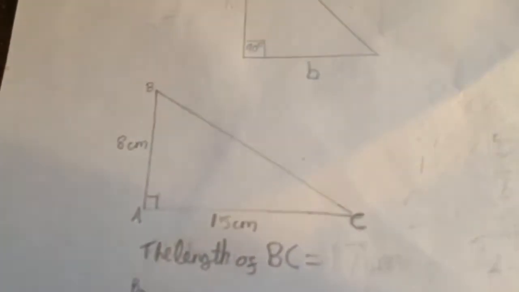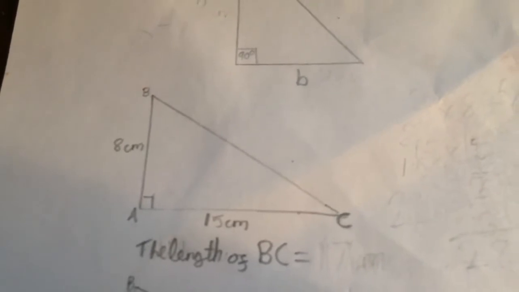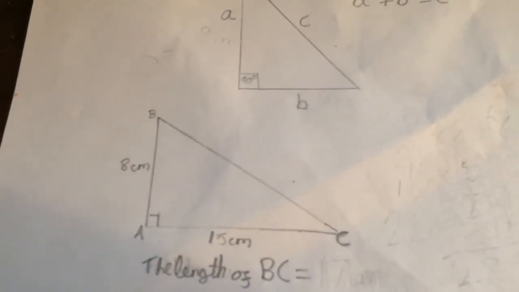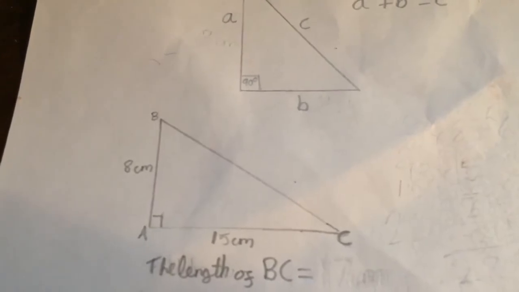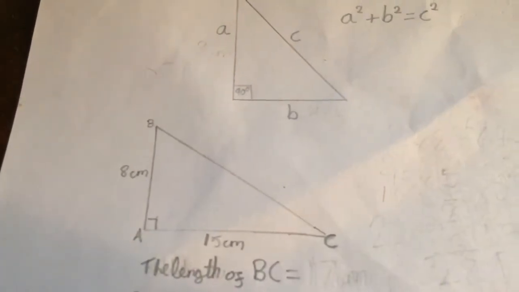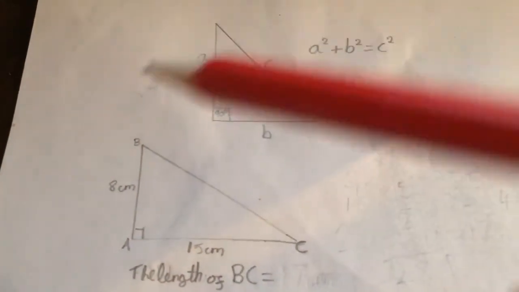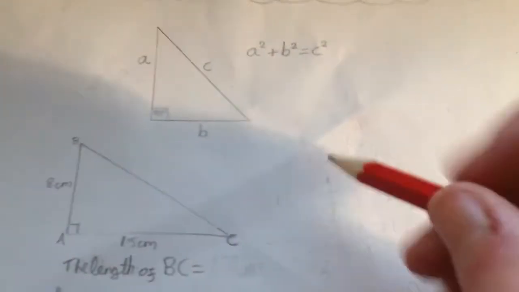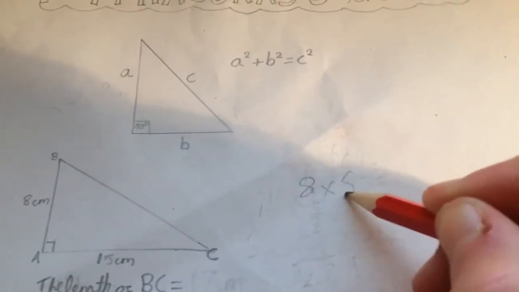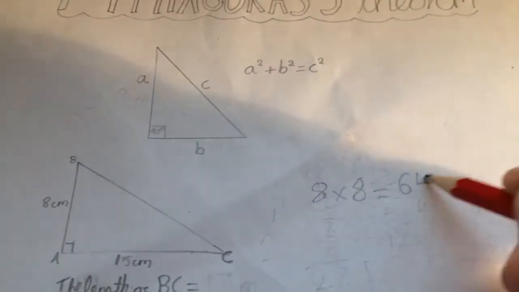The first question asks for the length of BC, which is the hypotenuse. So we know to square the other two sides and then add that together to find the square root of the answer, and this will give us the length of BC. So firstly, we'll square 8, and 8 times 8 equals 64.